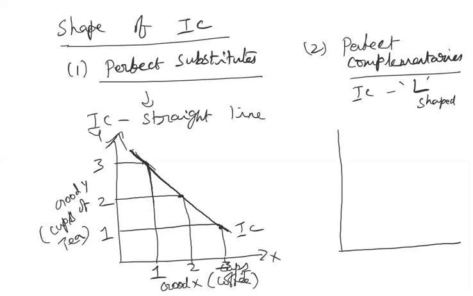Complementary goods are just opposite to substitutes. Substitutes are either commodity X or commodity Y, whereas complementary goods are commodity X and commodity Y. Without commodity Y, commodity X is useless. That is complementary goods.